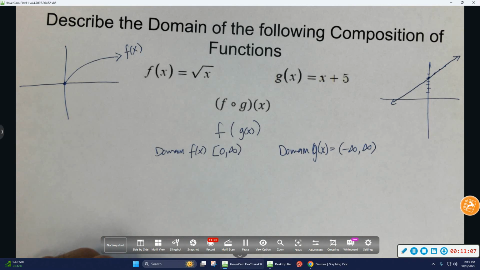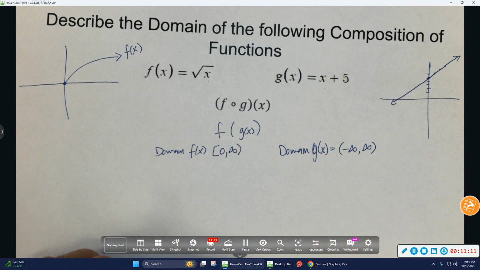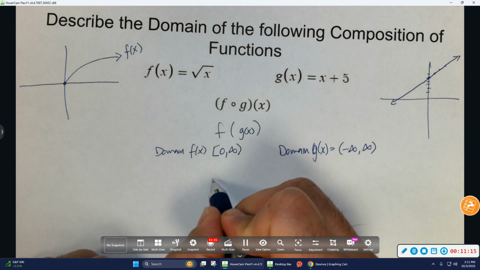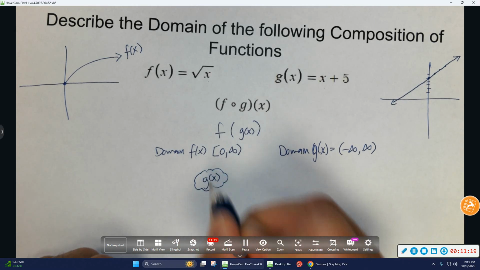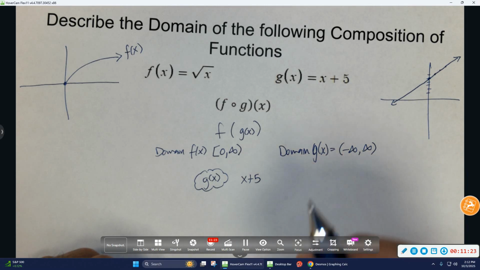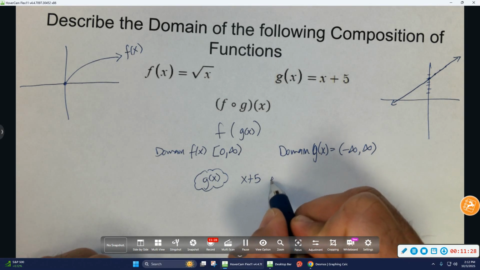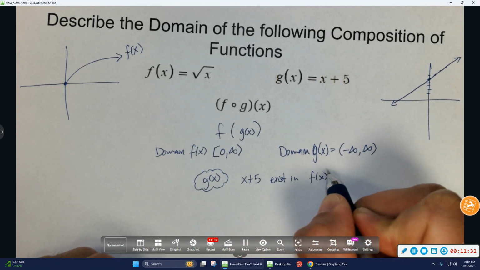Now what I'm going to do, since I'm going to put this function inside of this function, I want to figure out for what values does the g equation, which is x plus 5, for what values will it exist in f of x?